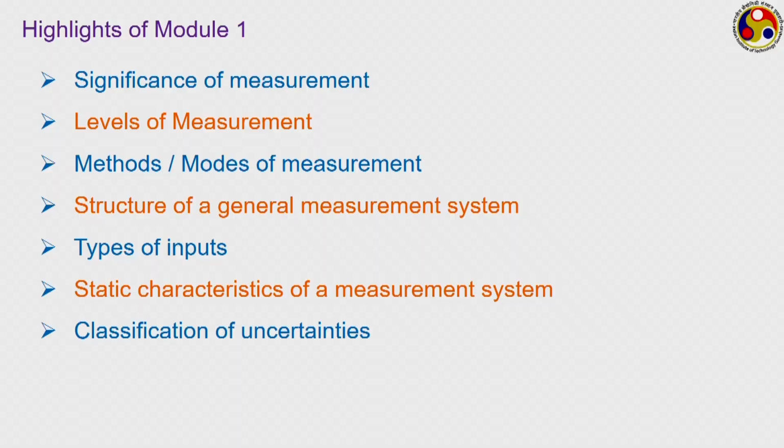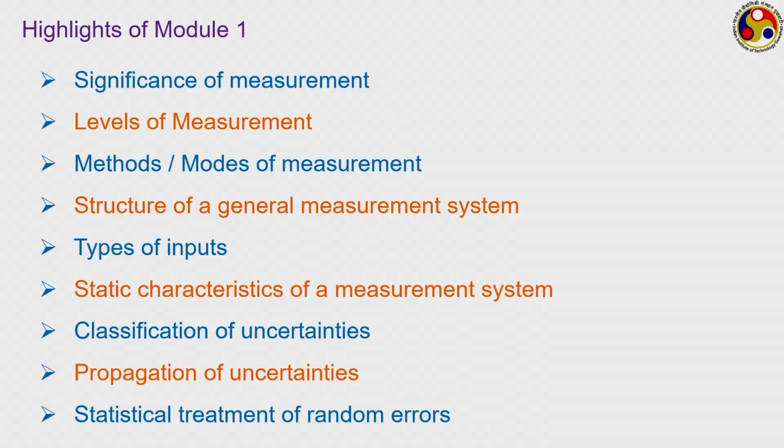We have talked about the classification of uncertainties and how to deal with the propagation of uncertainties. And finally, we have discussed different statistical treatment to get an idea about the possible magnitude of random errors that can be present in our final measurement reading. So, that is the end of the first module.